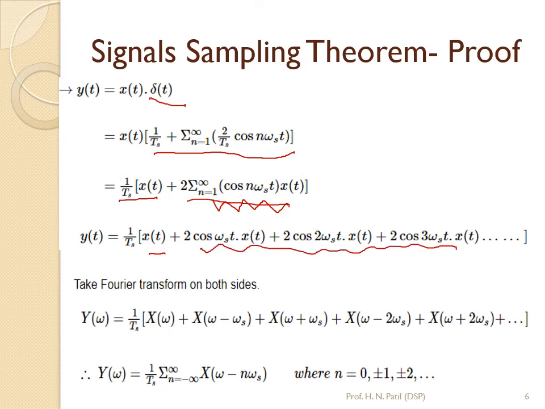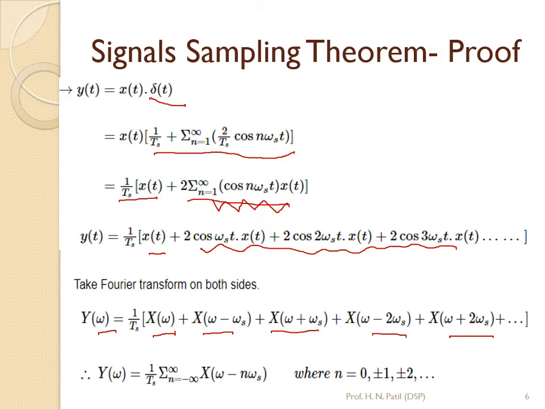If we take the Fourier transform on both sides, then the time domain will be converted into the frequency domain, and the time parameter is shifted to the omega parameter, that means the frequency parameter. So we will get the equation y of omega is equal to 1 upon ts. This x of t is converted into x of omega, and all these terms will be converted into some frequencies of addition and subtraction, and these are nothing but the continuous spectrum, and that spectrum will be added and subtracted with the parameter 1.